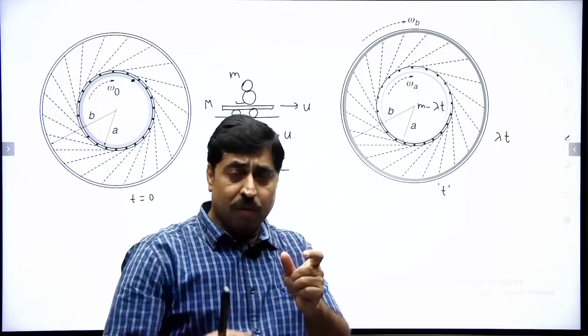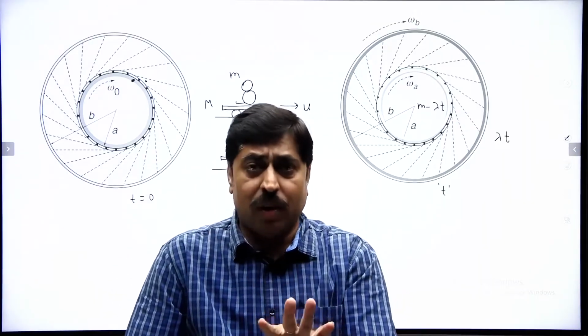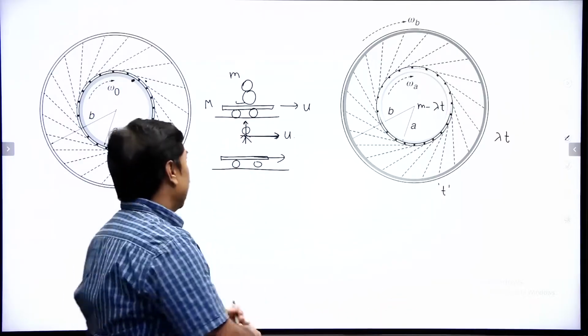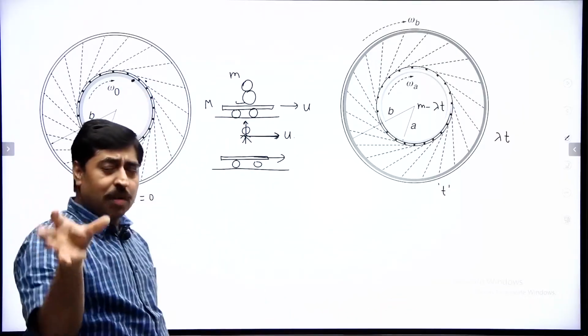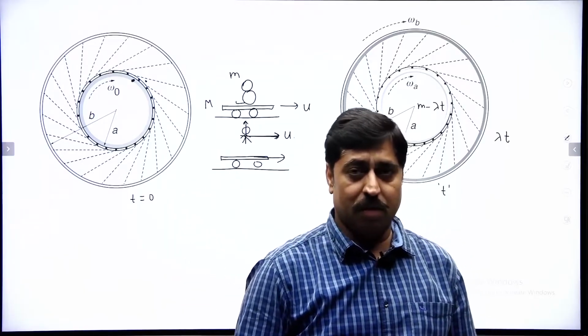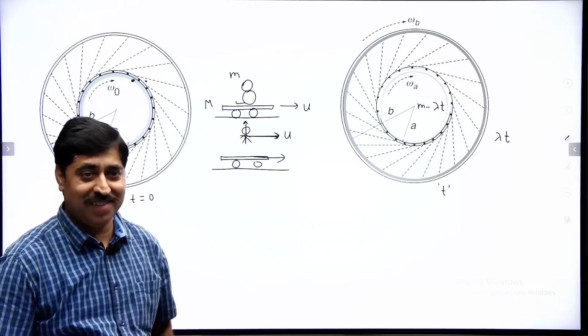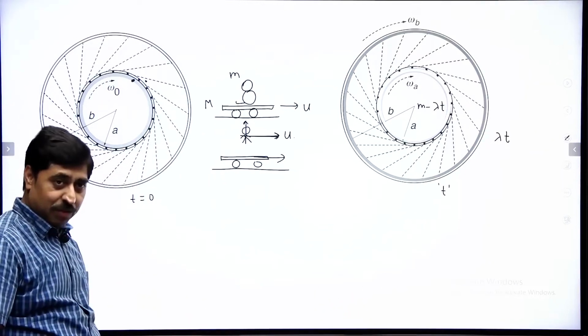In these two scenarios, the angular momentum of that particular particle has not changed. You have to understand that. So if the angular momentum of the sand particle thrown out has not changed, why will the angular momentum of the drum change? There is no way. It should not change.